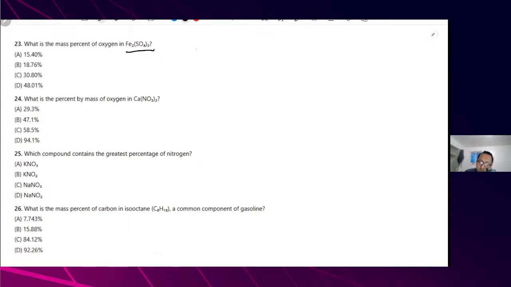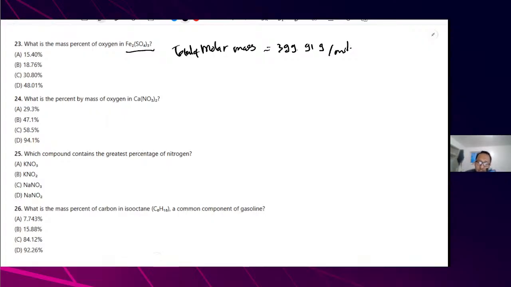So what we need to do now is know the total molar mass. The total molar mass is 399.91 gram per mole.